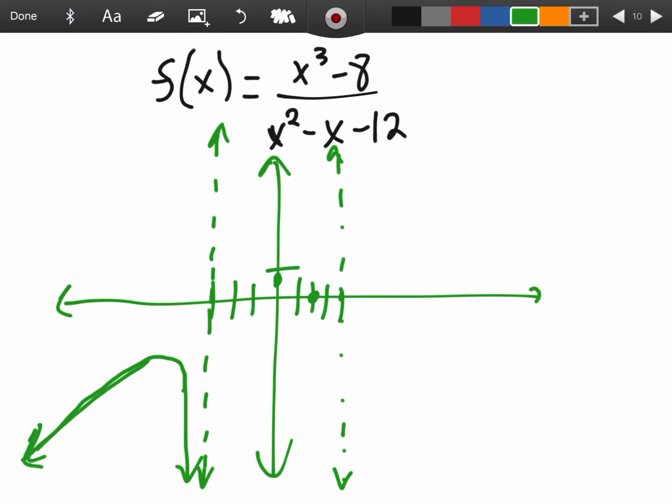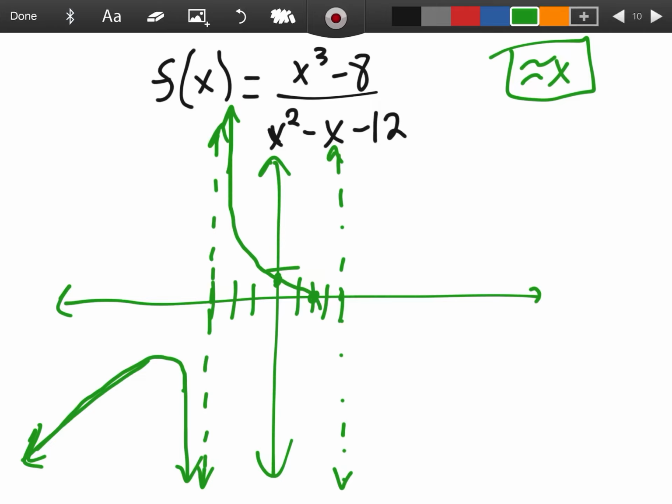That is a slant asymptote whenever you can approximate it as x, or as a negative x. Think of the graph of y equals x. That's a slanted line.